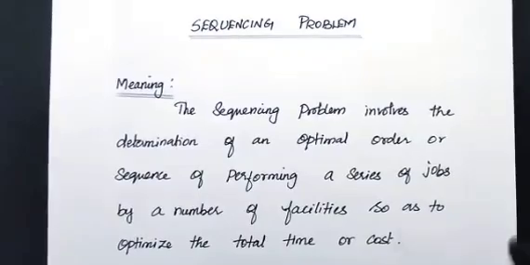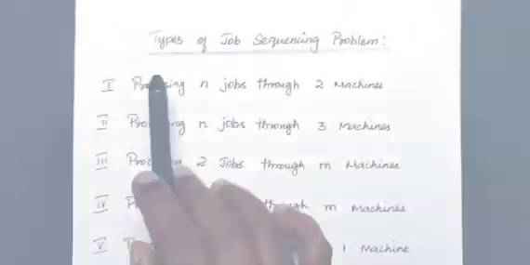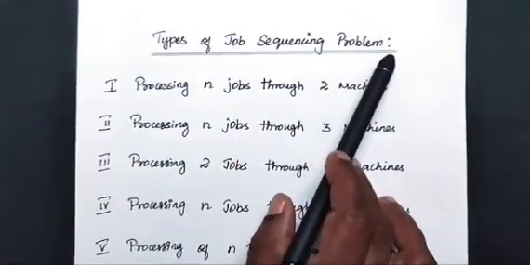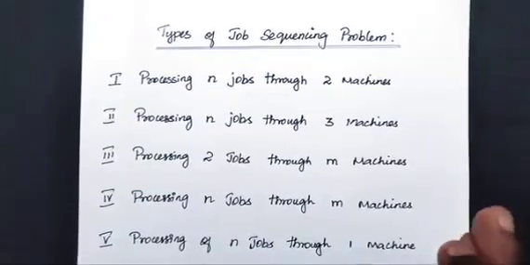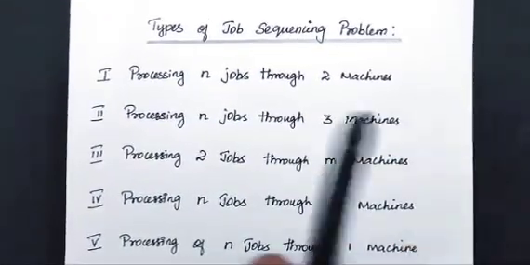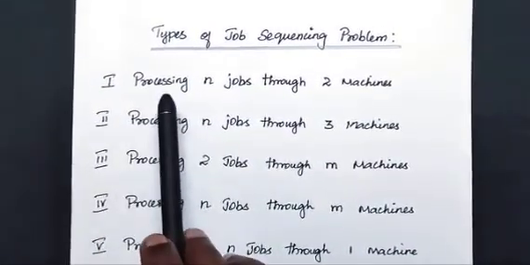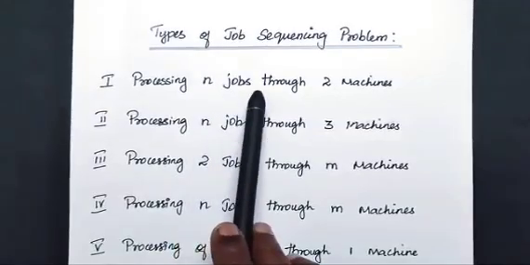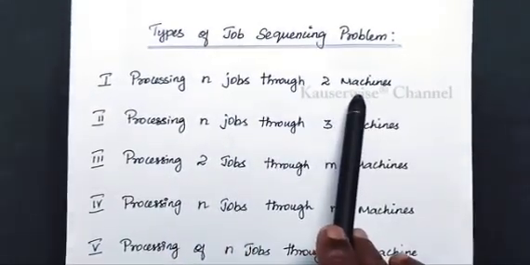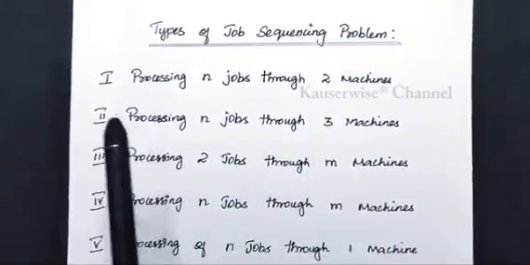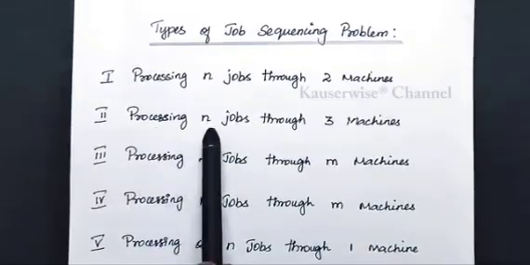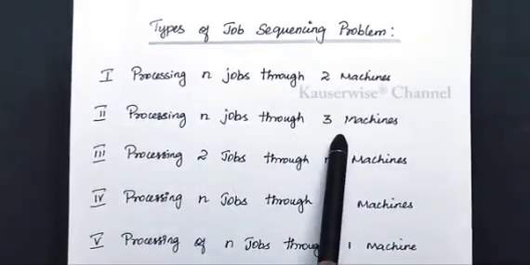Now let us see the different types of sequencing problem. Types of job sequencing problem. Here we have 5 different types. The first one is processing n number of jobs through 2 machines. The next one is processing n jobs through 3 machines.